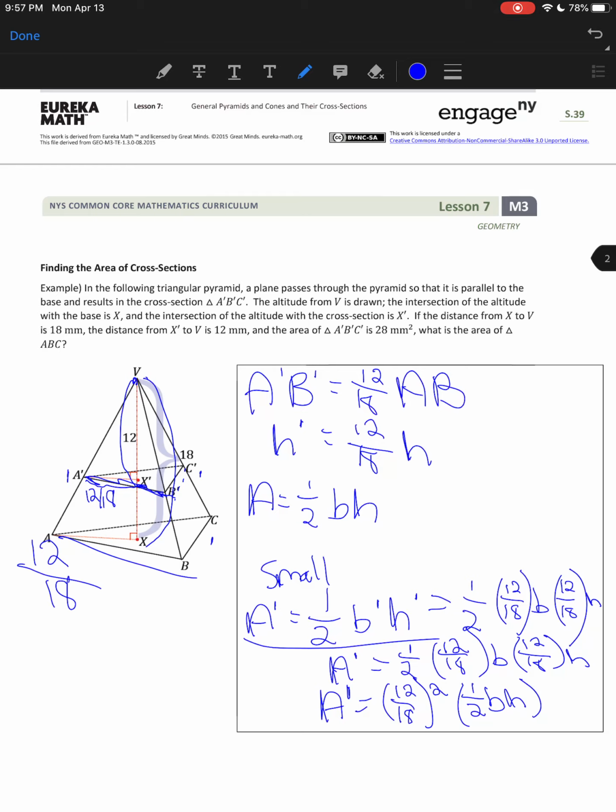Now, there's a reason I'm writing it like this. So what is 1/2 base times height? Well, as we said up here, this was just the area of the larger triangle. So really what we have is the area of the smaller one is equal to 12/18 squared times the area of the larger one.